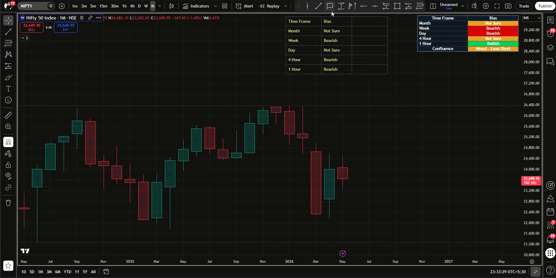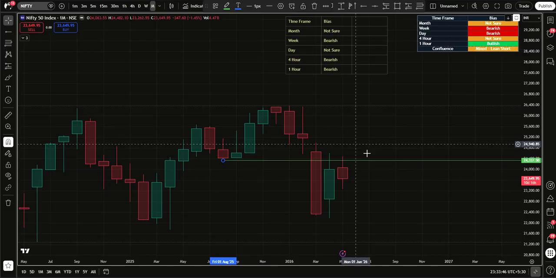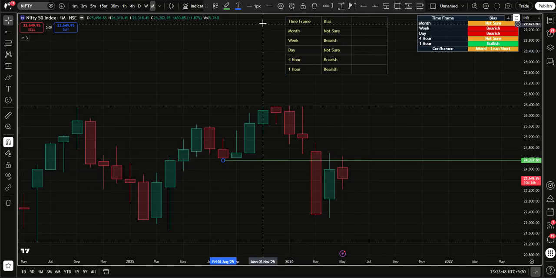And where are the buyers and where are the sellers? Important question. This is a swing low where the buy orders were concentrated, and when that was taken out violently, this has become a seller's level. So this swing low is where the sellers are essentially. That's where Nifty got sold off last month and is struggling this month.